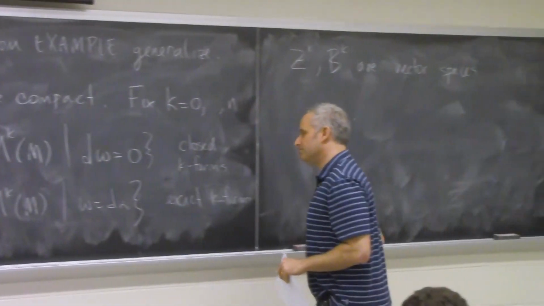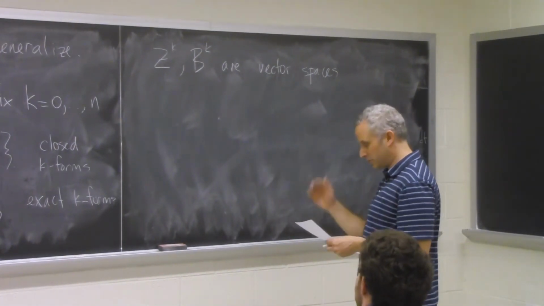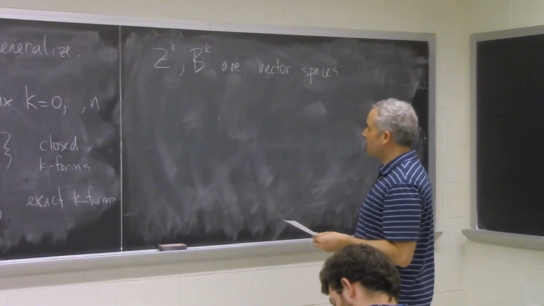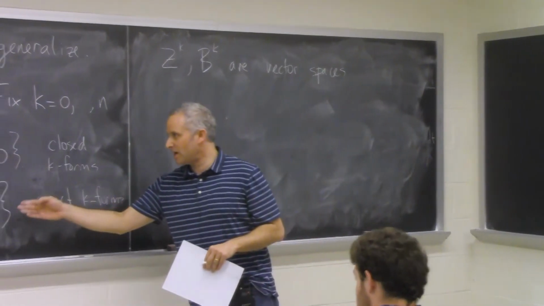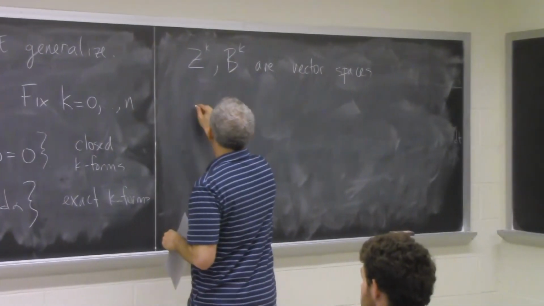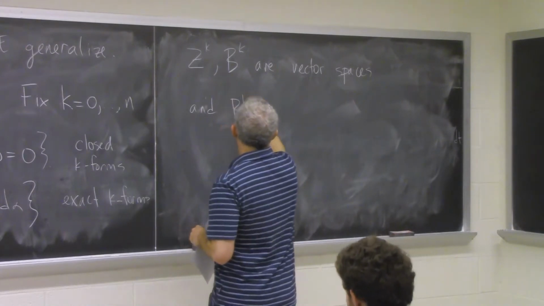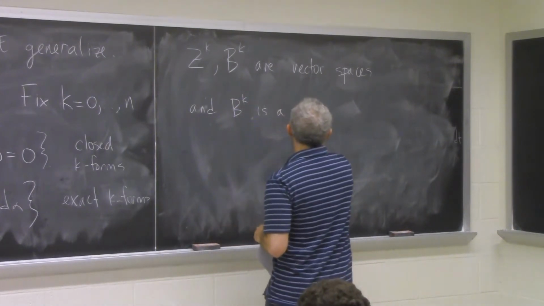Anyway, it's easy to test that they are vector spaces just by the formal definition of what a vector space is. And B^k lies inside of Z^k. And in fact, it is a subspace.